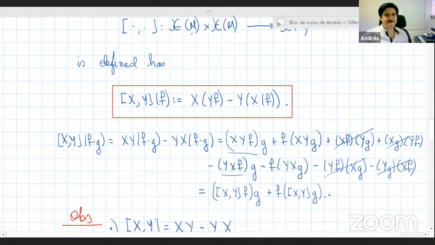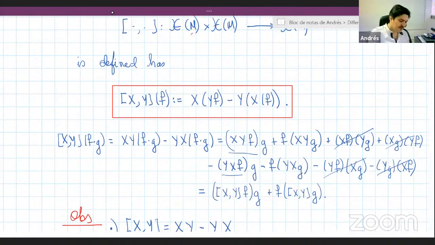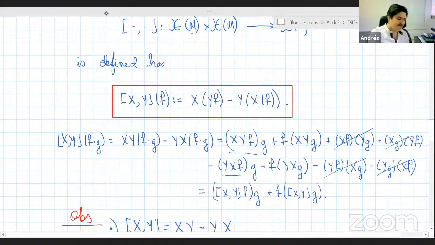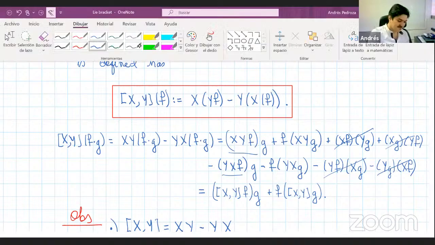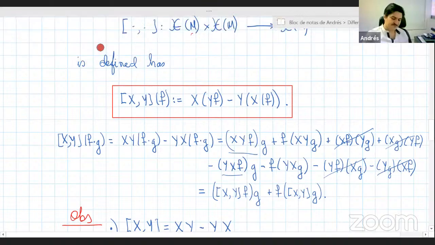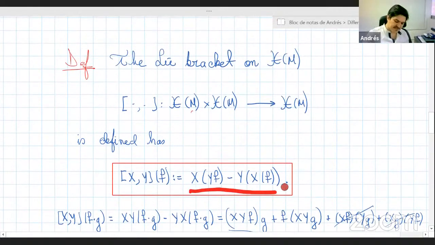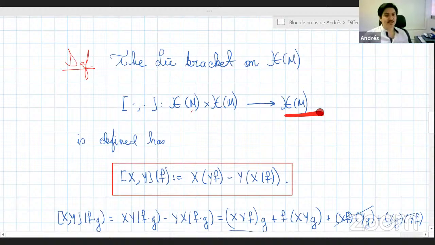Okay? So in fact, we have a vector field. So indeed, this is a vector field. So this is the Lie bracket. That's the definition of the Lie bracket.